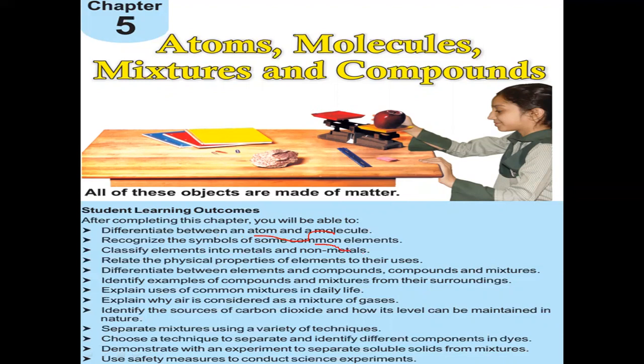We have seen types of elements, metals and non-metals, their physical properties and uses. We have seen different compounds and mixtures, their examples, and their use in our daily lives. And we have seen that air is a mixture of gases, and we talked a little about carbon dioxide, and how its level is maintained in nature.